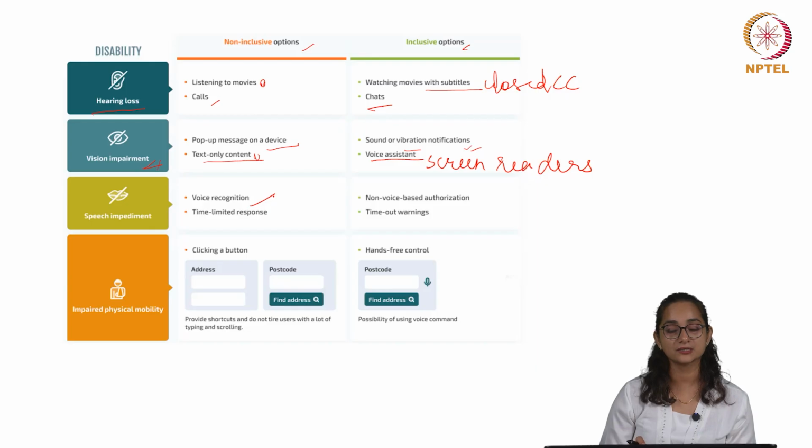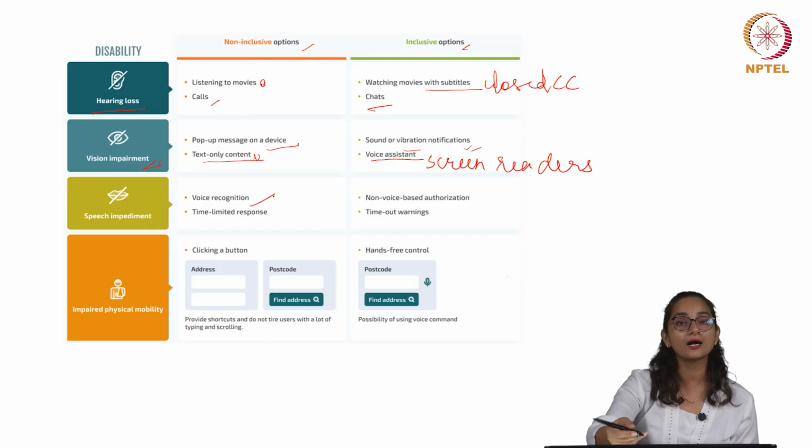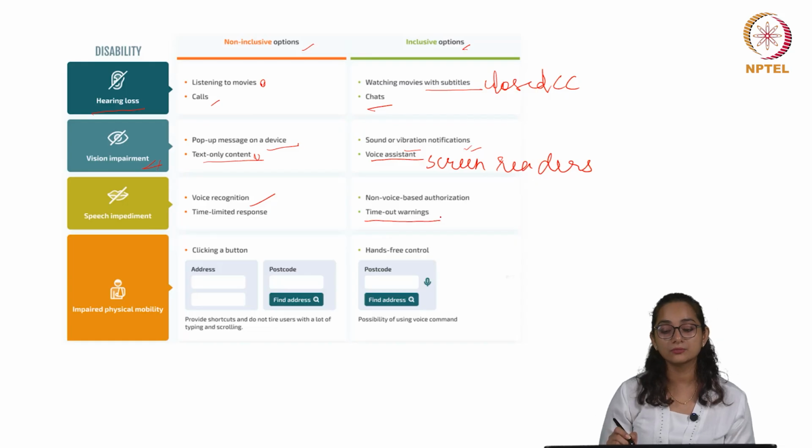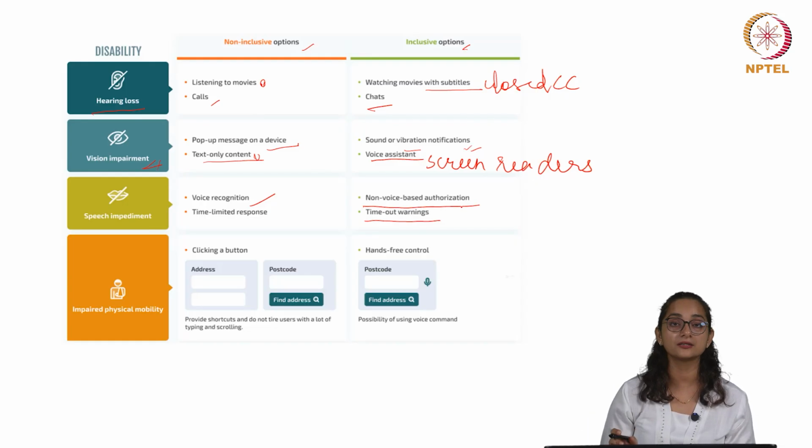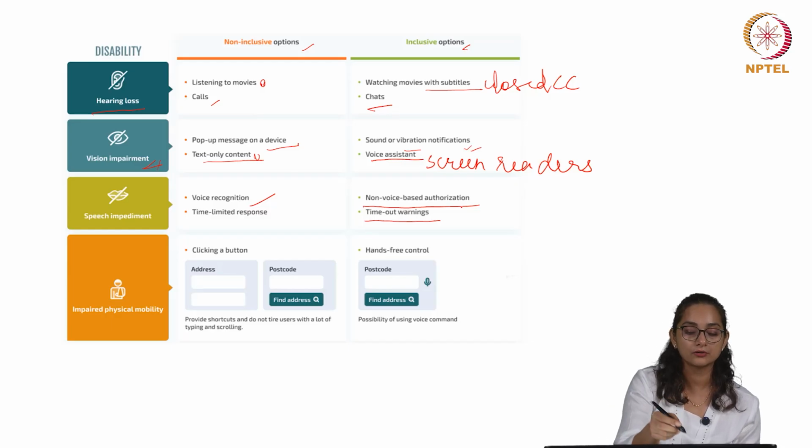All of these aspects are not accounted for. So there can be timeout warnings, or non-voice based authorizations, either image based or video based, or other text based authorizations which can be enabled.